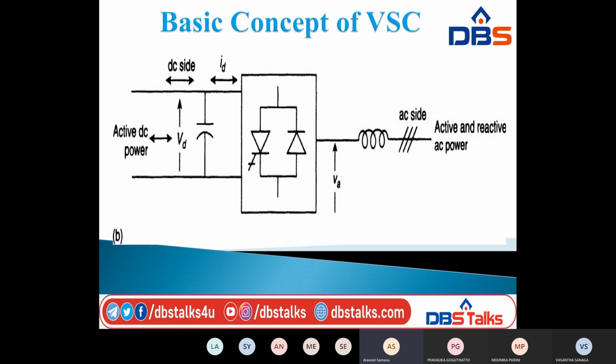So here we are using a low internal impedance voltage source, and I am using the series inductor interface with the AC system, usually through a series inductor or a transformer. It is essential to ensure that the DC capacitor is not short circuited and discharged rapidly into a capacitive load such as a transmission line.